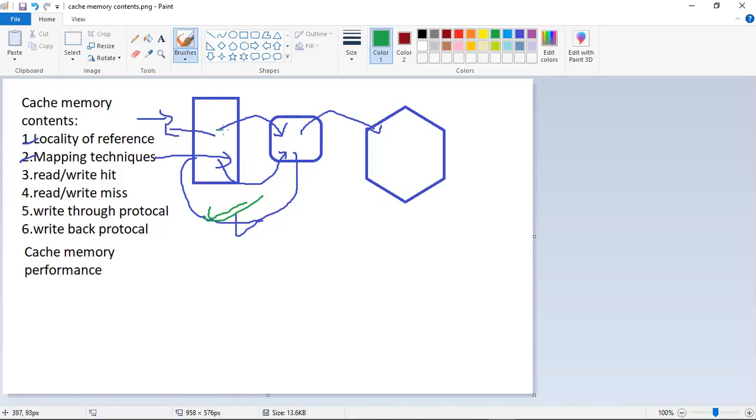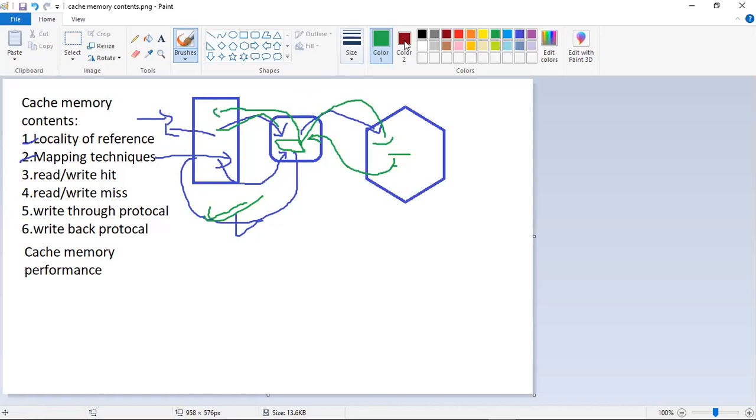If the user is trying to access data and the CPU doesn't have the data in the cache memory, it goes to the main memory to find in which location the data is available. That data is fetched into the cache memory and then given to the CPU.